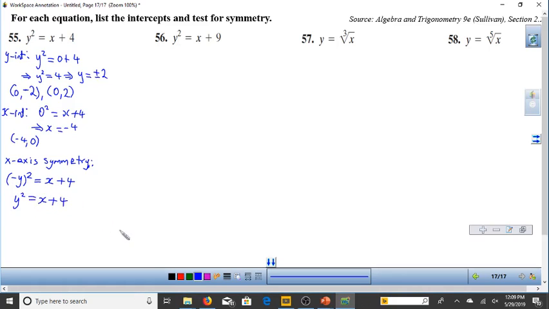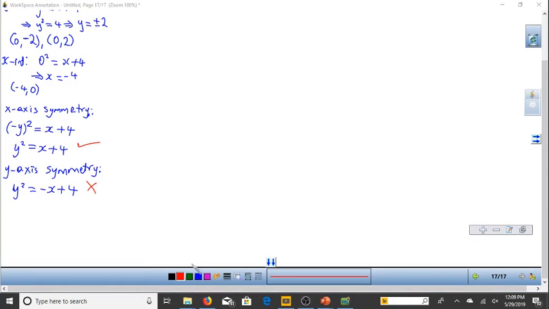And so as you can see here, this graph has x-axis symmetry. Then to check for y-axis symmetry, I replace all my x's with negative x. So we'll get y squared is equal to negative x plus 4. Clearly, it is not the same as the original. So this does not have y-axis symmetry.